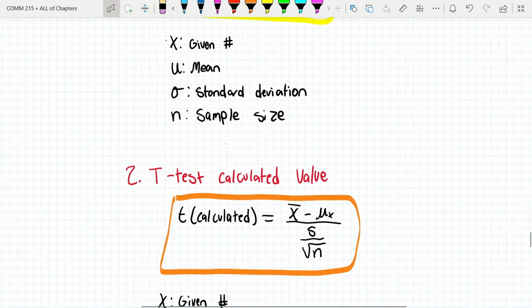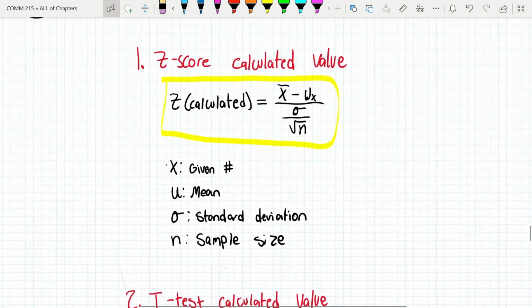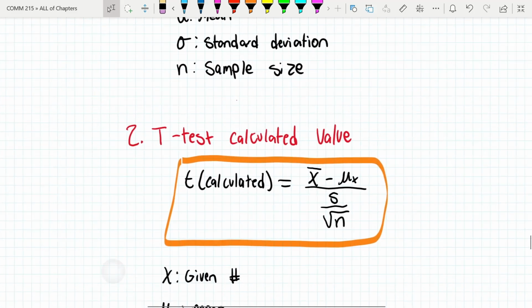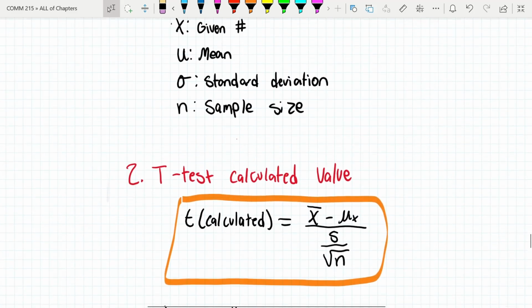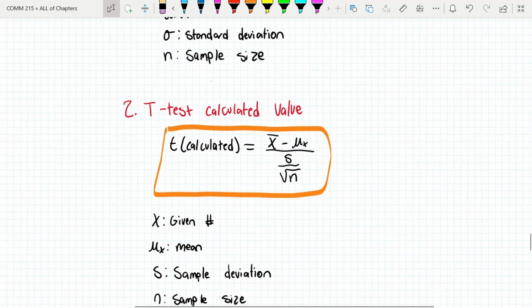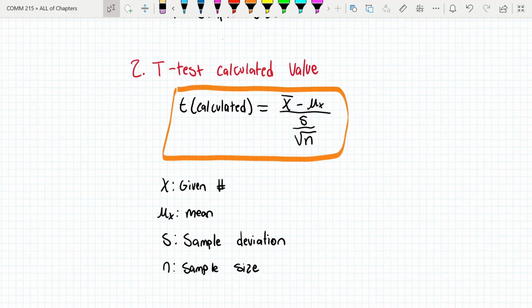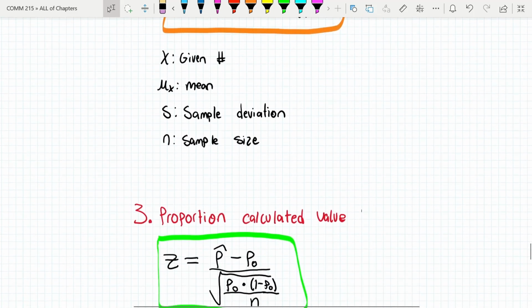We use our t-test when we don't know the standard deviation, and we use our z-test when we do know the standard deviation of the population. So s is the standard deviation of a sample, σ is the standard deviation of the population. Like what's written here, s is the sample deviation, μ is the mean, x is the given number, and n is still the sample size.